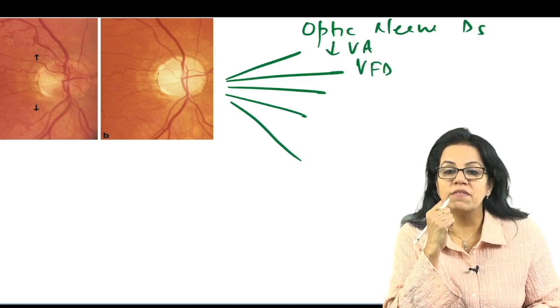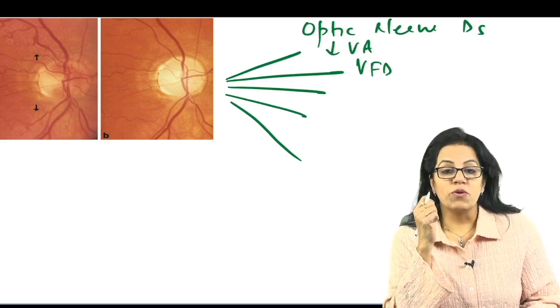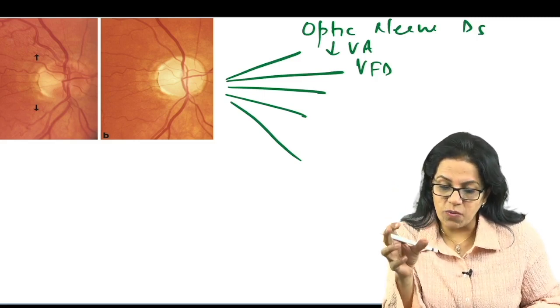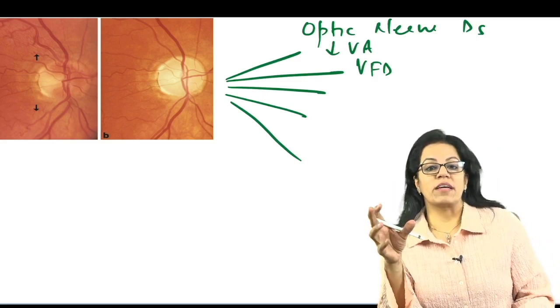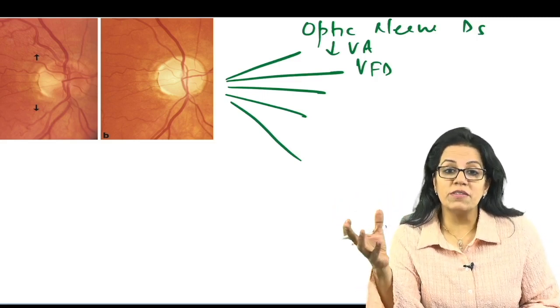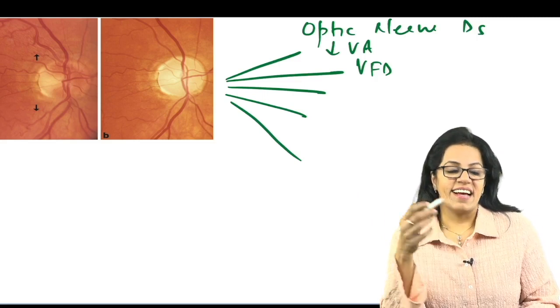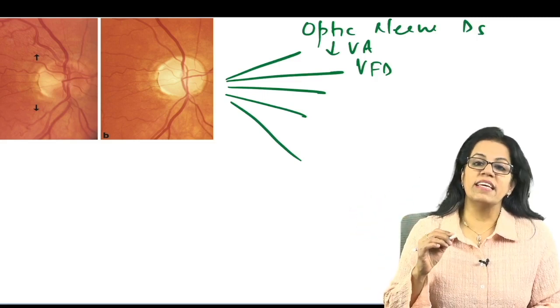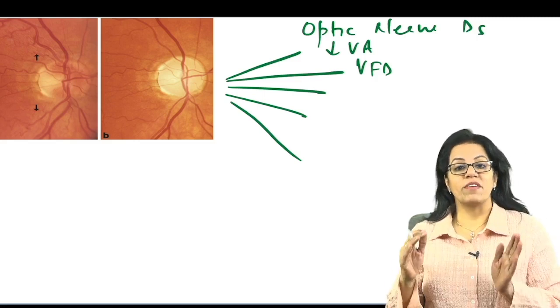Now, these visual field defects could be central scotoma, centrocecal. What is centrocecal? Centrocecal means when it is involving both the macula and the optic disc. Or it could even be altitudinal field defect as we have learnt in ischemic optic neuropathies. So, whatever it is, mainly there are field defects.